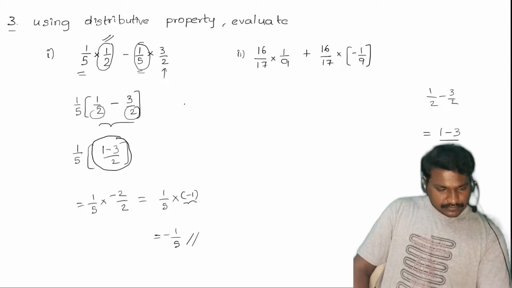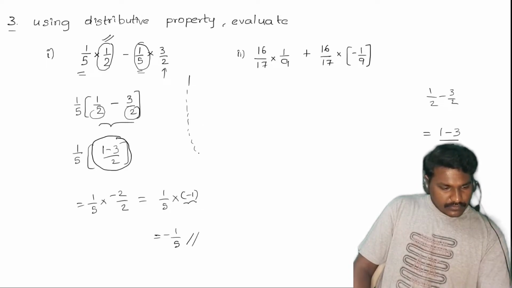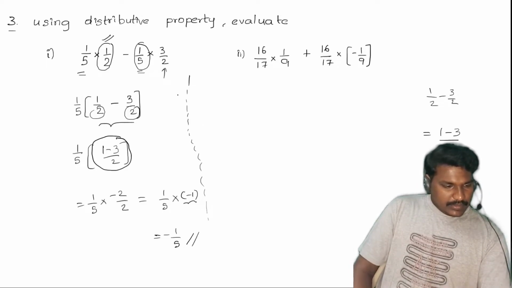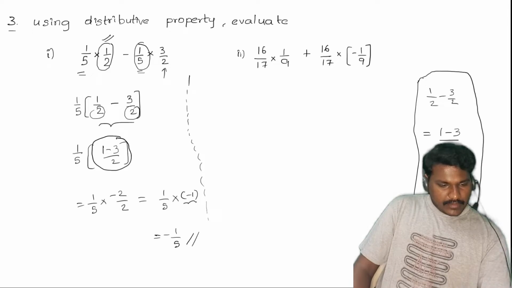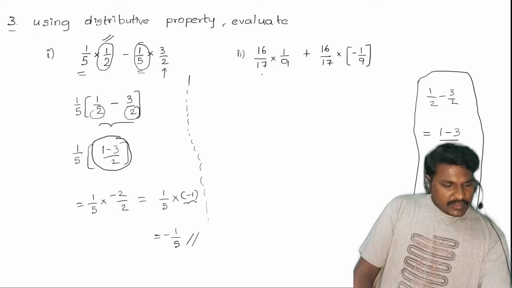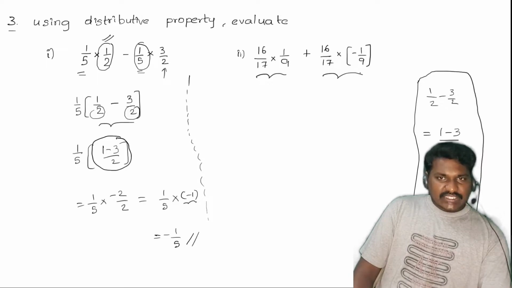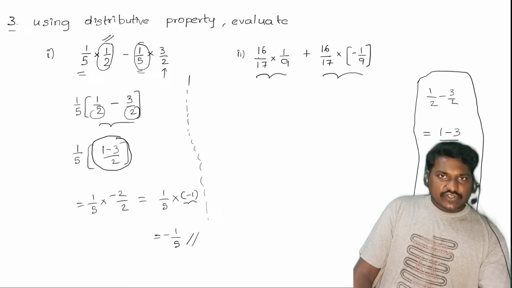Clear? Now see here. 16 by 17 into 1 by 9, 16 by 17 into minus 1 by 9. Here we can clearly observe that 16 by 17 is common in both the terms.